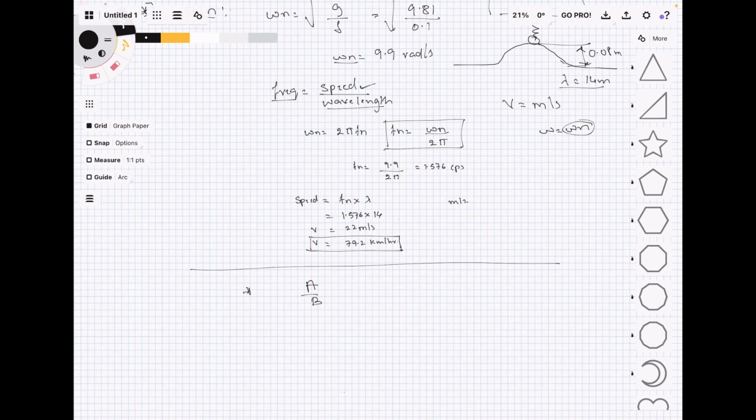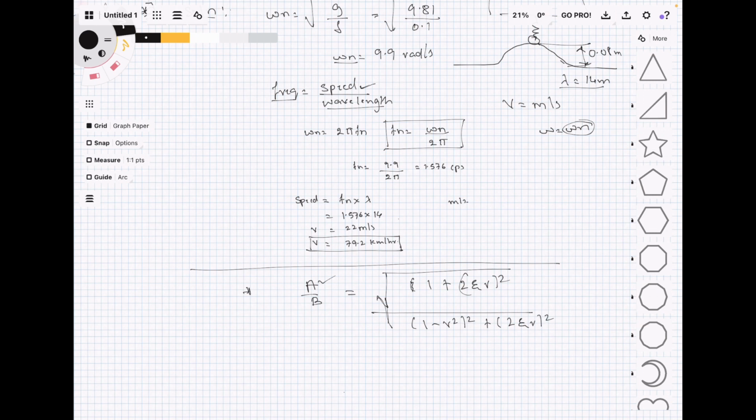A by B is equal to the square root of 1 plus 2 zeta r the whole square, divided by 1 minus r square the whole square plus 2 zeta r the whole square, all under the square root.